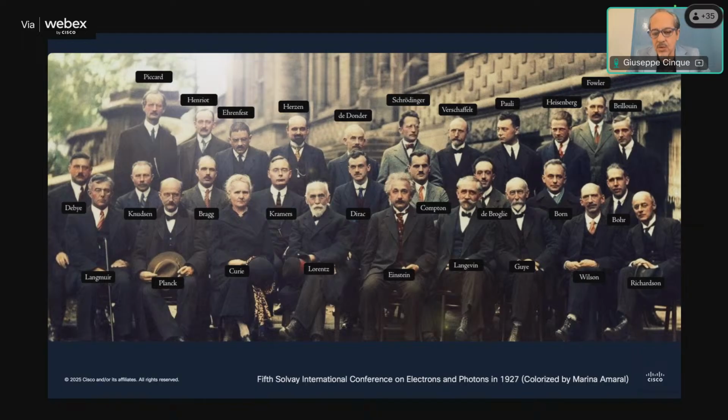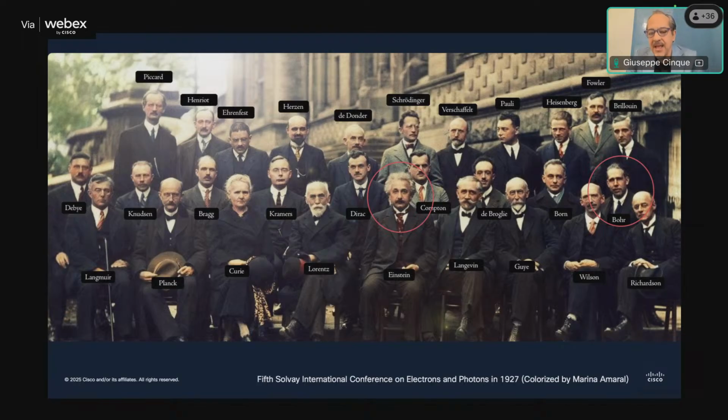The use of this tool produced an incredible amount of success in science and technology. But as I showed even in the first webinar, this picture is the Congress in Brussels in 1927, where most of these people are Nobel Prize winners. There was the highest concentration of current or future Nobel Prize winners.